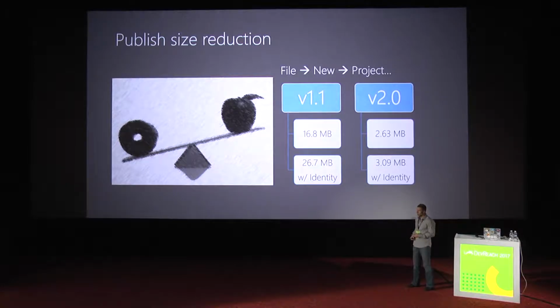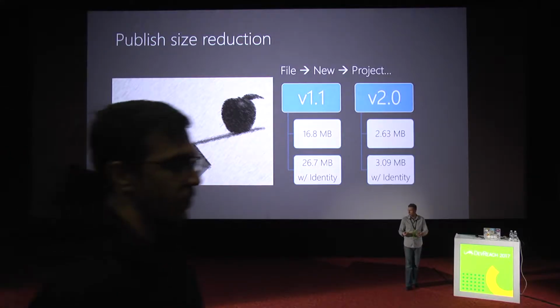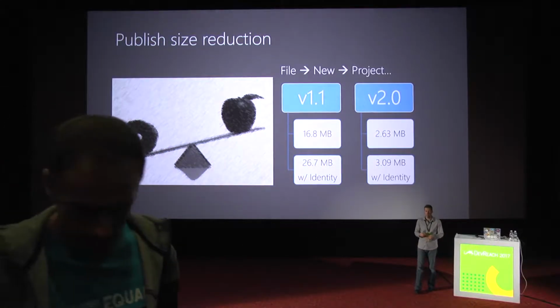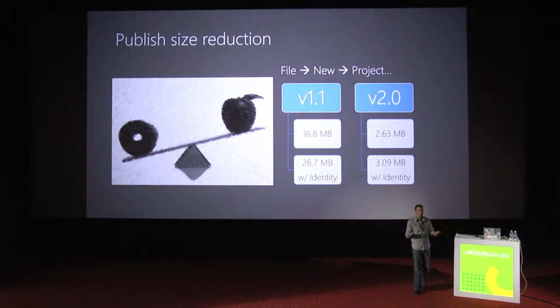If we look at the difference in terms of published bundle size, if I were to go to File, New Project in Visual Studio 2017 and choose the web application template, this is that MVC starter application, and then immediately publish that application without making any changes, it's 16.8 megs worth of files that I would need to deploy to my web server. Now, as soon as I change the authentication in that project template from none to use the identity framework, I'm then looking at 26.7 megs worth of files that need to be deployed to my web server.